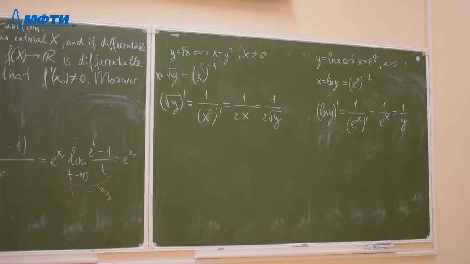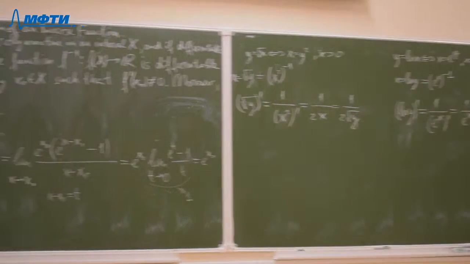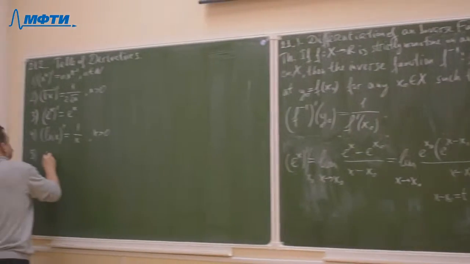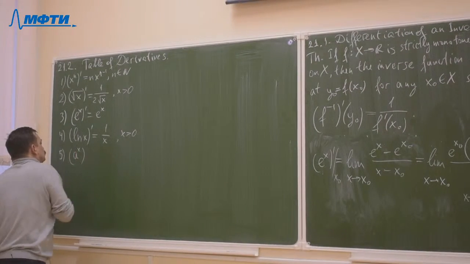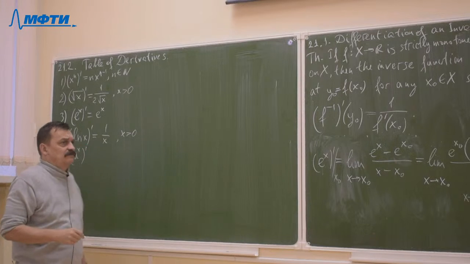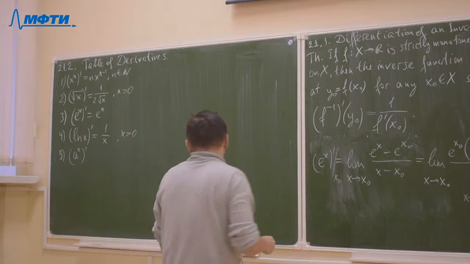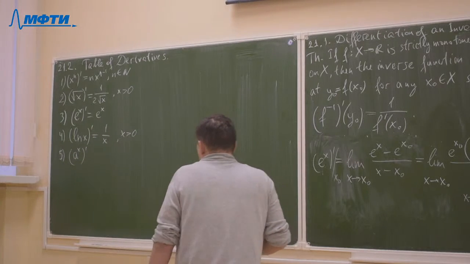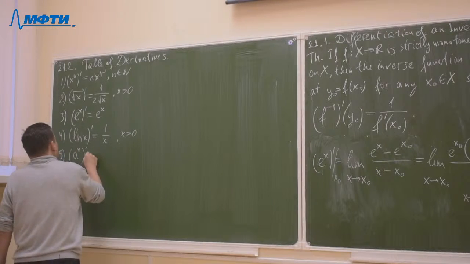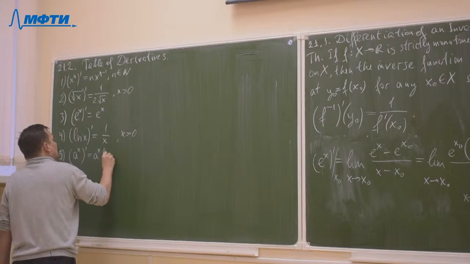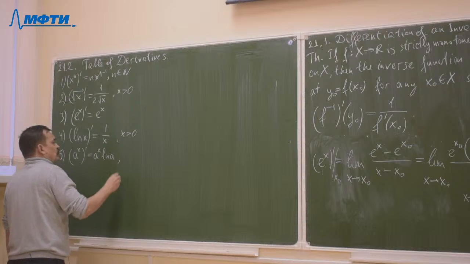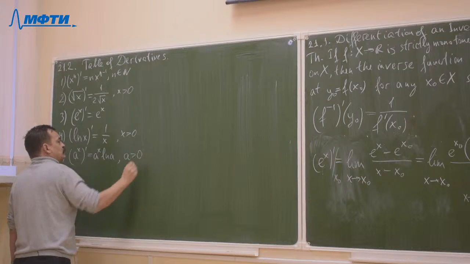Slightly more general equalities are about the derivative of the general exponential function, and that is a to the power x times logarithm a, for a positive.